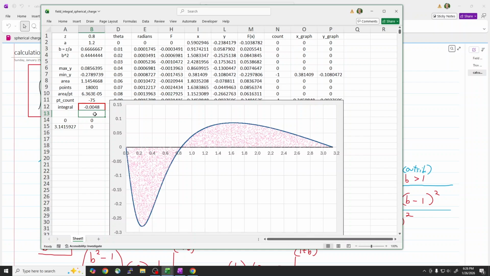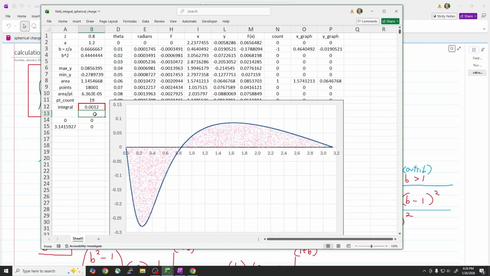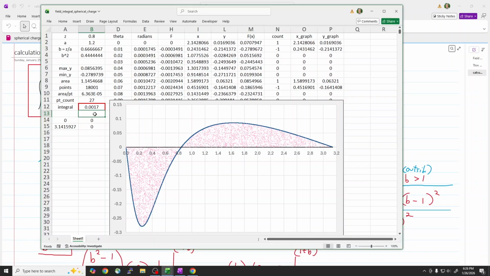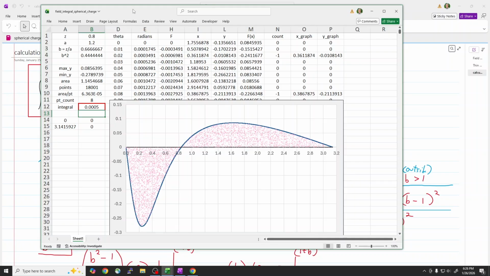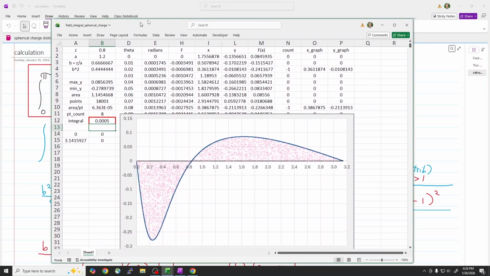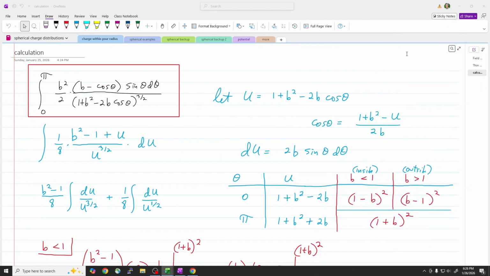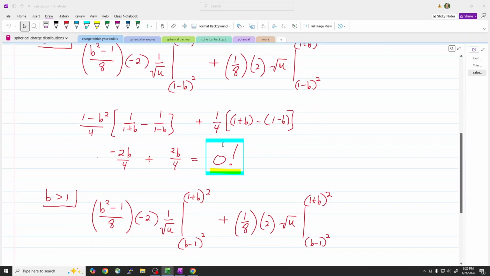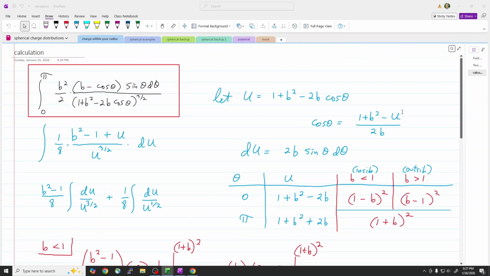If I keep refreshing, negative 0.0048. I keep getting numbers near 0, and if I did a bunch of these, like 10 or 20, and took an average, it would be even closer to 0. So I did it this way as well because I had that video. I thought, what the heck, try and get another view. But it turned out to be simple to do this directly, right?